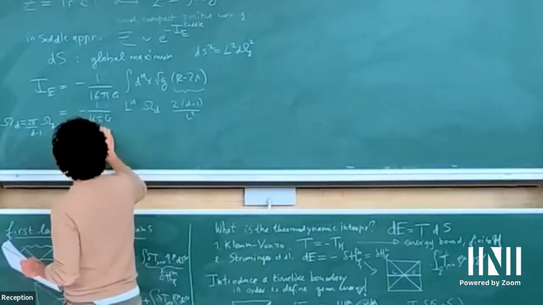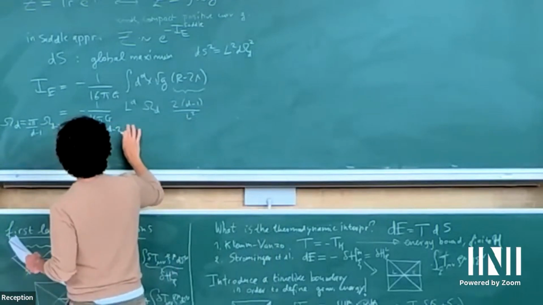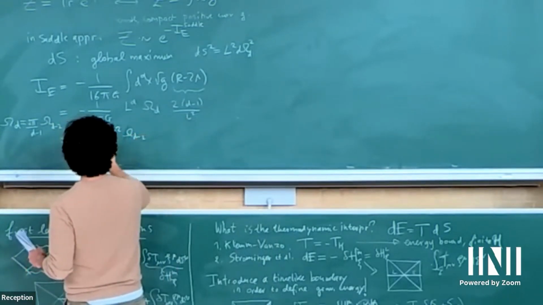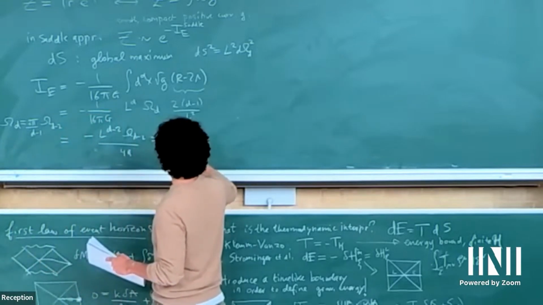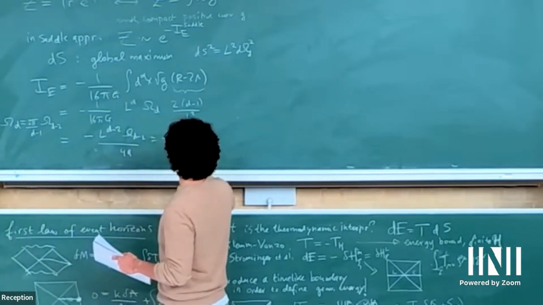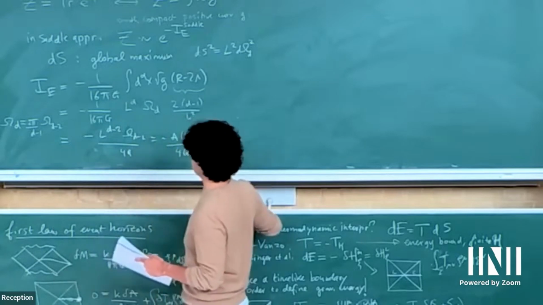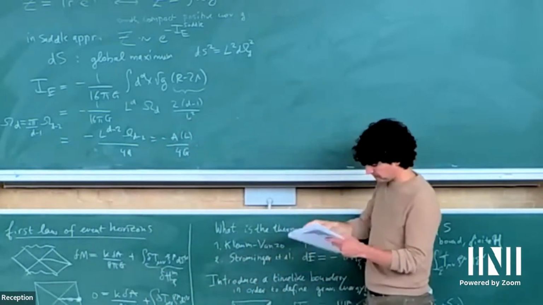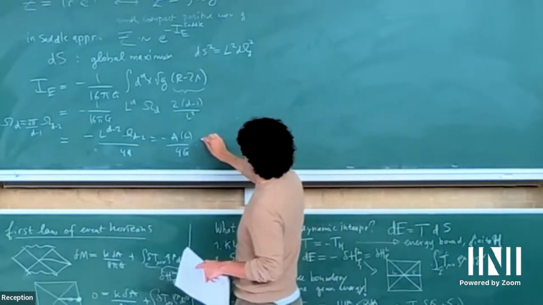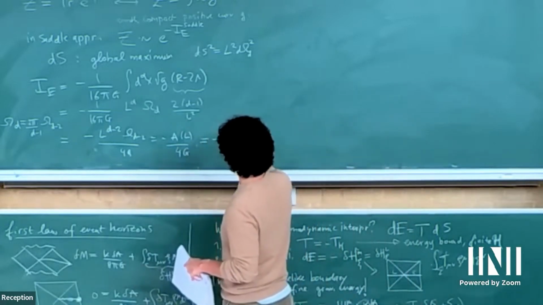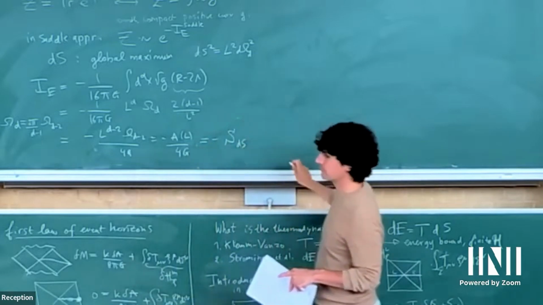Then lo and behold, you get minus 8 as expected. So this is always minus the de Sitter entropy.